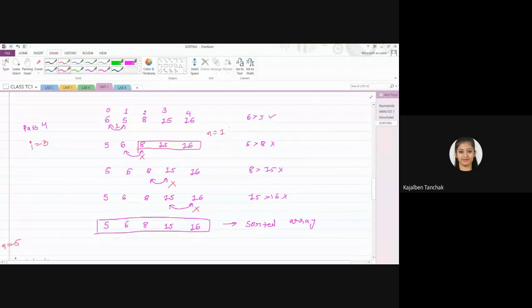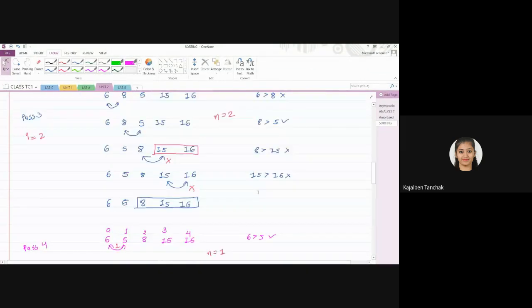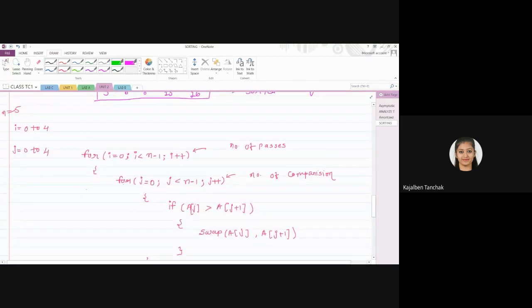So you can modify this algorithm. Why? Because if you do not modify the algorithm, then in the best case, the time complexity will be order of n square. In the worst case, it is also the order of n square, which is not acceptable, right? So to reduce the time complexity in the best case, we need to modify this algorithm.